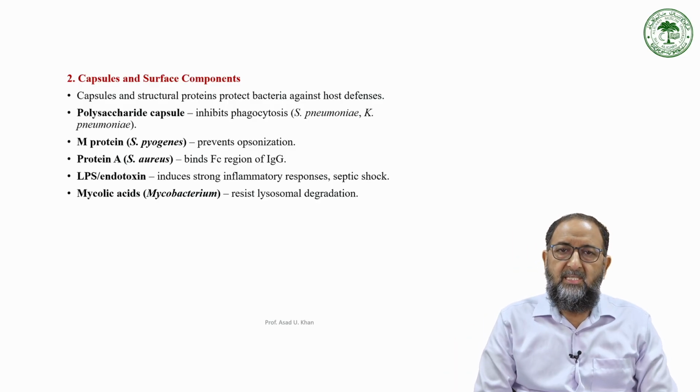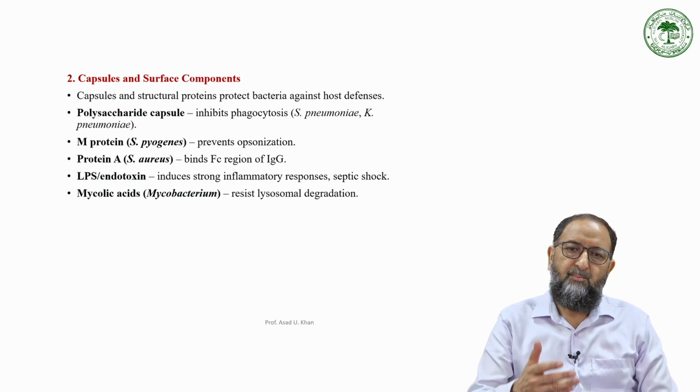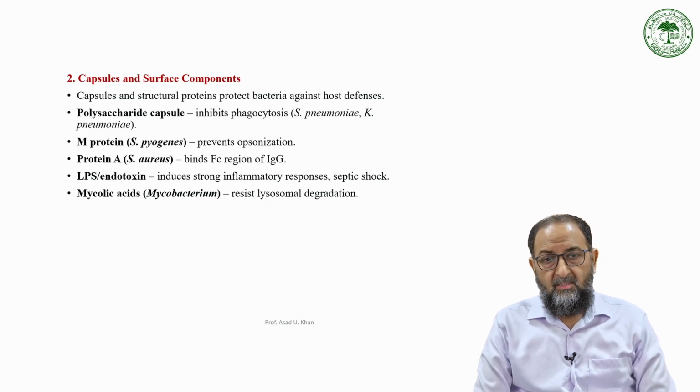Protein A is basically an S. aureus example. It binds the Fc region of IgG. So this is very important. When it binds to IgG, it is again protected from the immune system of the host. Then mycolic acid in Mycobacterium resists lysosomal degradation.